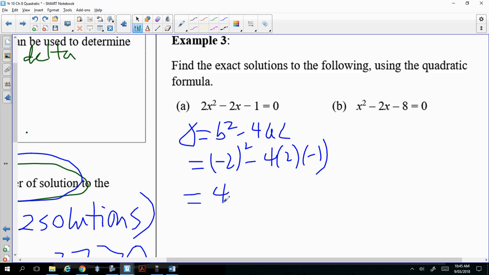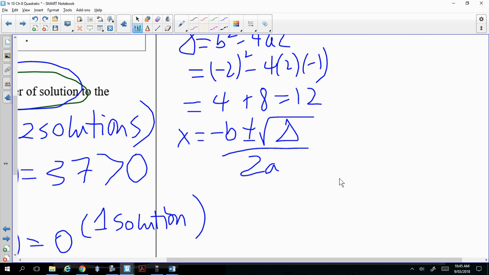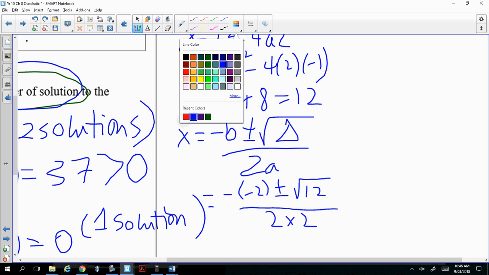Because once you find the discriminant, the formula becomes the square root of the discriminant, isn't it? You found what's inside the square root straight away, and the formula becomes smaller, right? So we get minus b, which is negative 2, plus or minus root 12 over 2 times 2. So that discriminant can be used to find the answer to your solution.